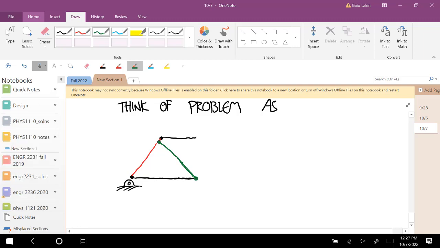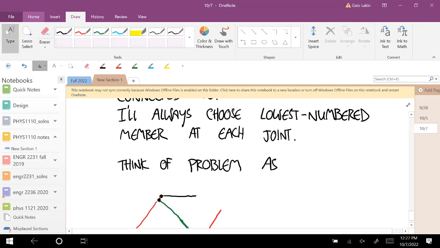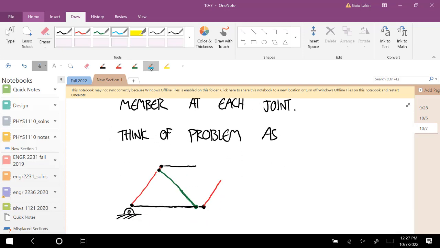This one connects to it. And this one connects to it. And this one connects to it.